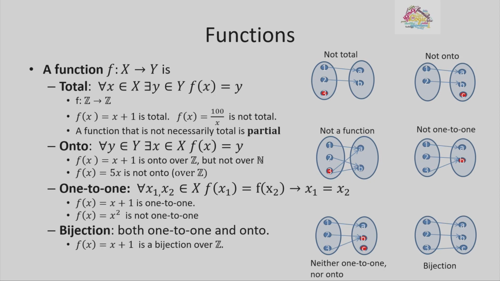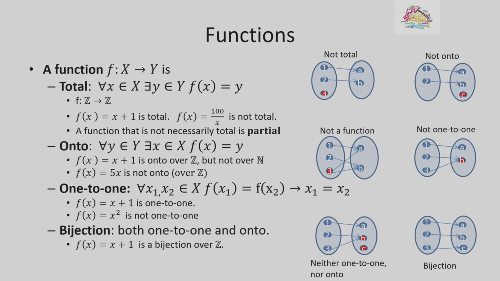But if you take a function which is 100 divided by x, that's very much not a total function for integers, because you could divide 100 by 5 and 2 and 10 and 25 and get an integer, but for pretty much anything else, well, you also can divide it by -1 and stuff, but for pretty much anything else, you're not going to get an integer. Even if you switch to real numbers, if your x is 0, you cannot divide 100 by x, so it still would not be a total function. So a function that's not total is called partial.